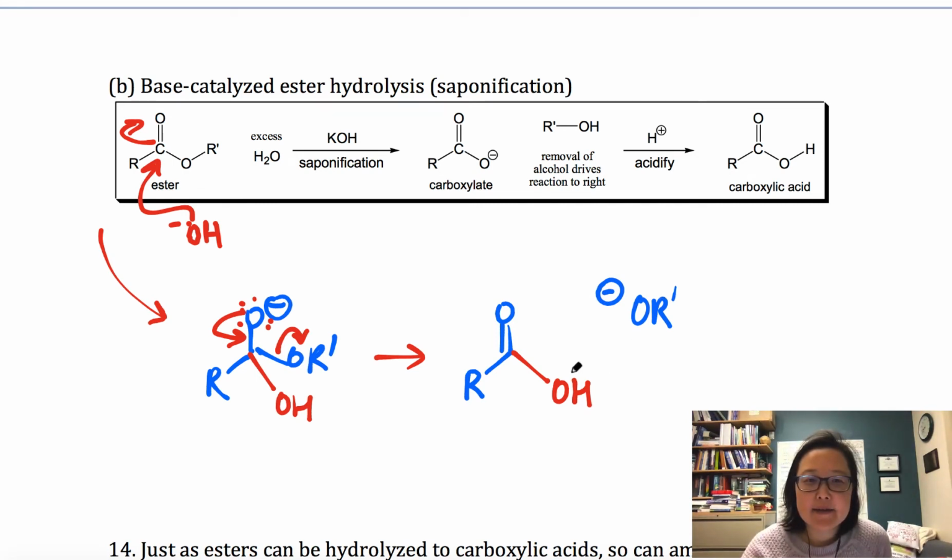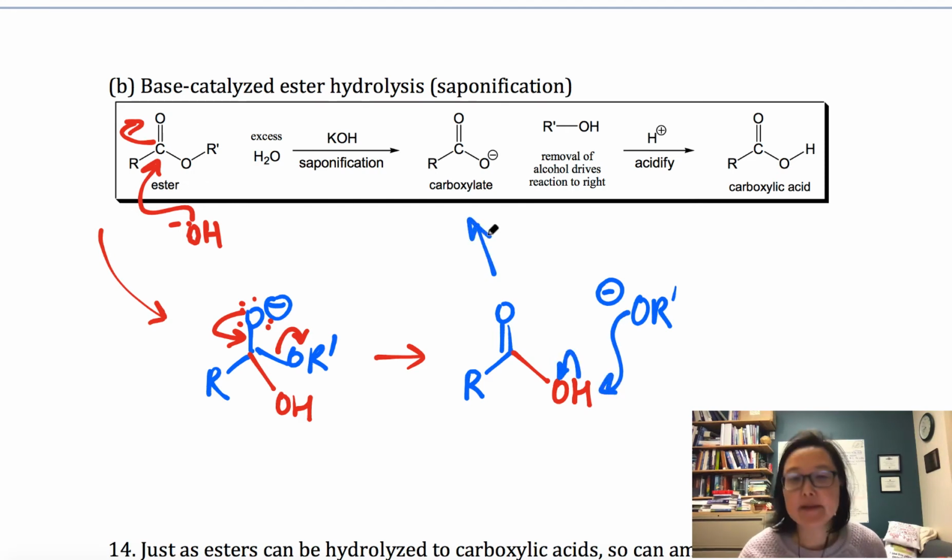Now that's not what they have here. So do you know why we draw it in this form? Well, think of the environment. We are in a basic environment, so the likely form of this is its conjugate base. So that is good to know.